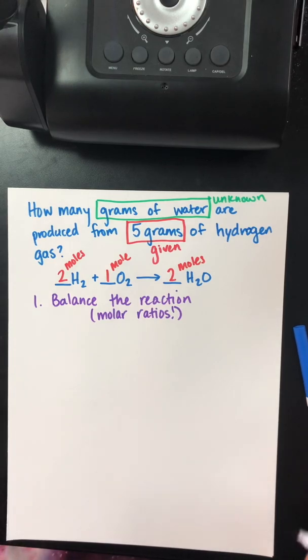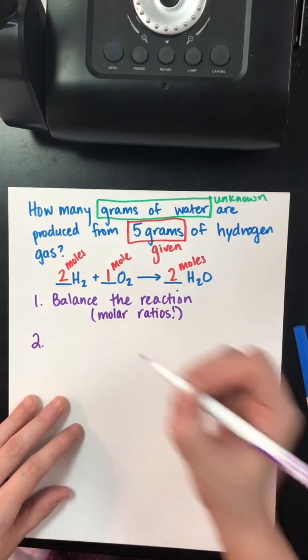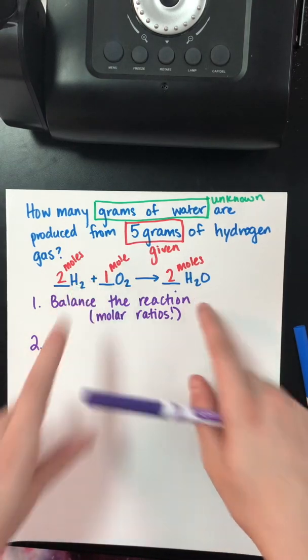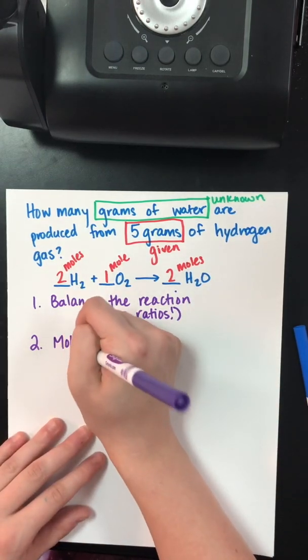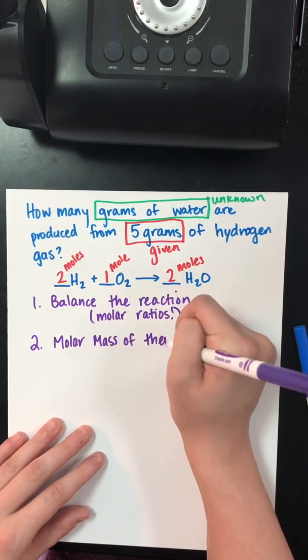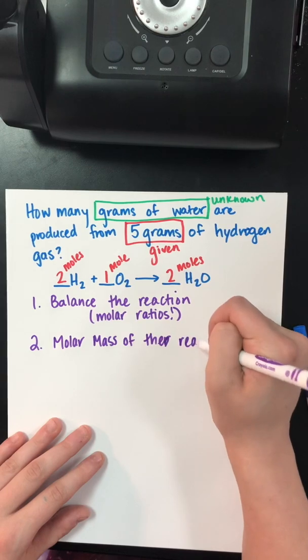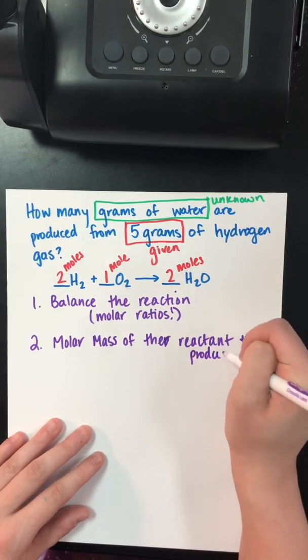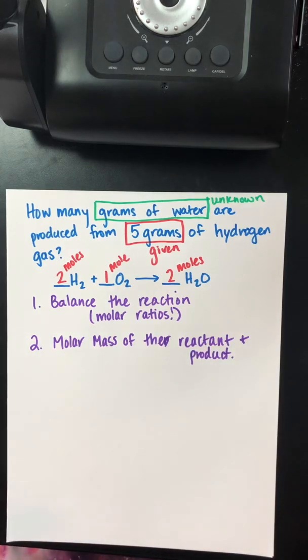Step 2 to solving a problem like this is to find the molar mass of the reactant and product that you need in the problem. So now we're going to calculate the molar mass of the reactant and product. We've calculated molar mass before.